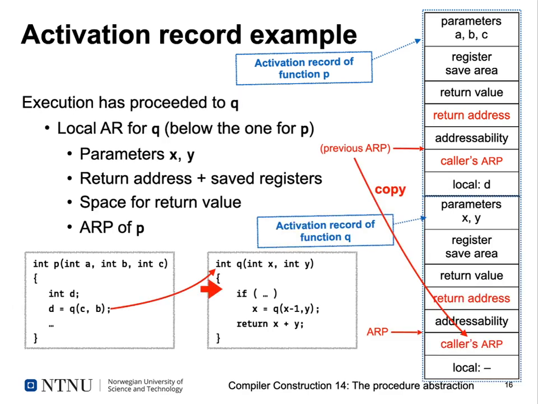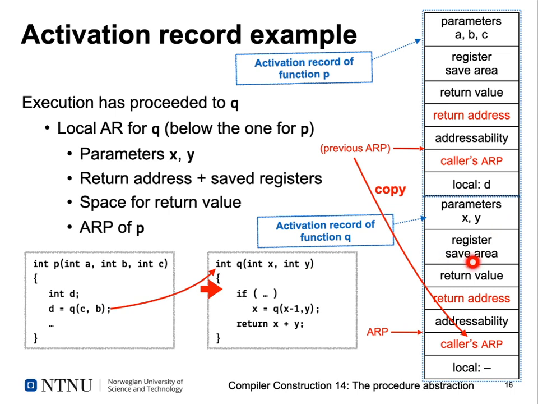So what happens when p now calls our function q? At this point in time, we know that we need another activation record here. So our code that is generated by the compiler and is somewhere here at the beginning of q, of course invisible because it's only automatically generated code, has already provided functionality to add a new activation record to our stack, and it has copied the values of variables c and b here to our formal parameters x and y, which we can use as local variables.